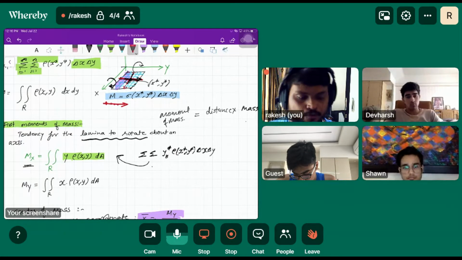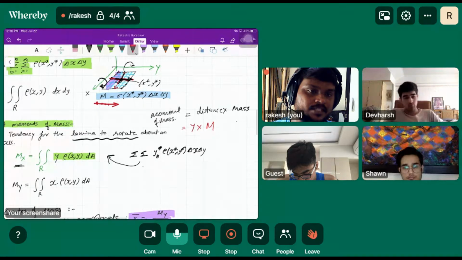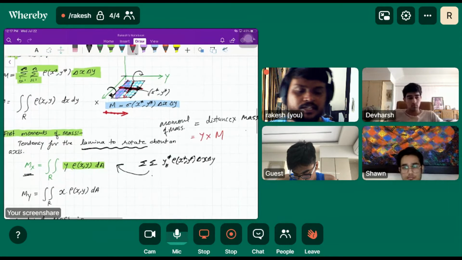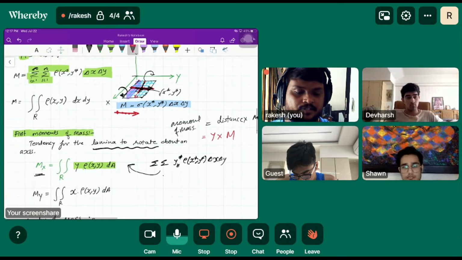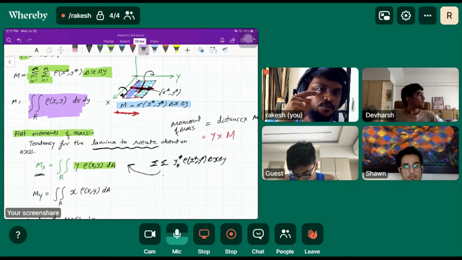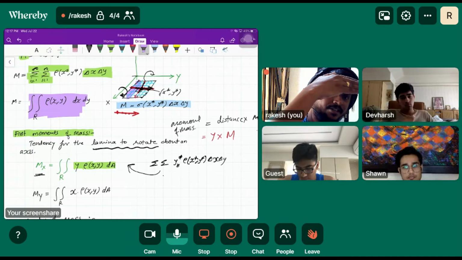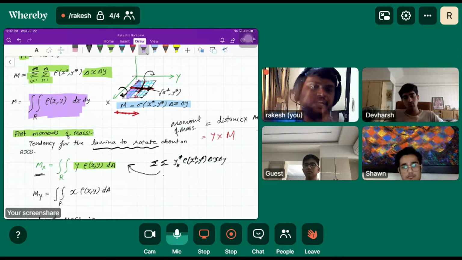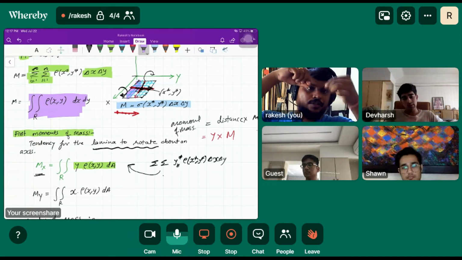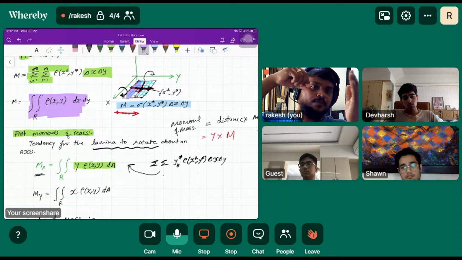So y into the mass, and the mass we already found in terms of a double integral. If the object is rotating about the x-axis, the mass is distributed along the y direction, right? So y into mass.